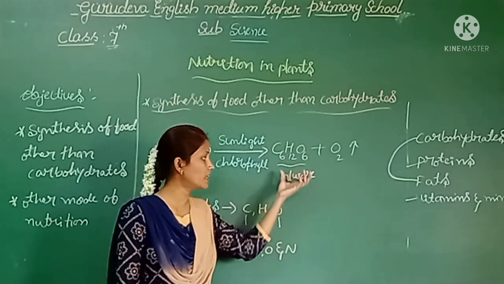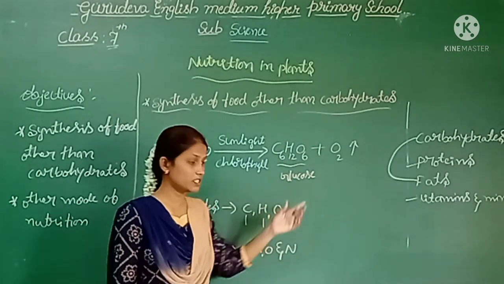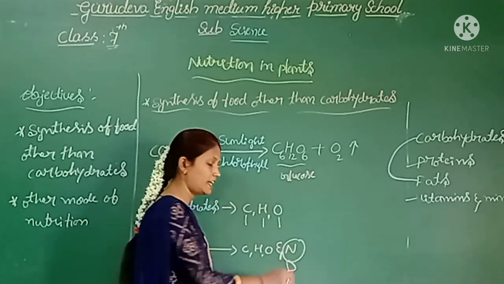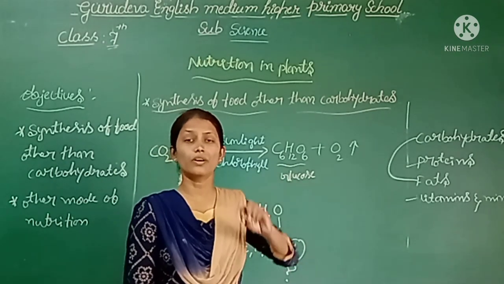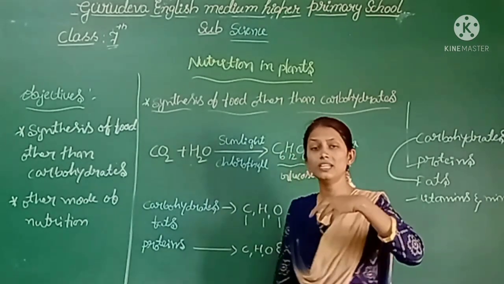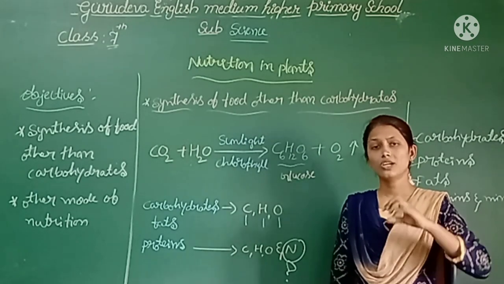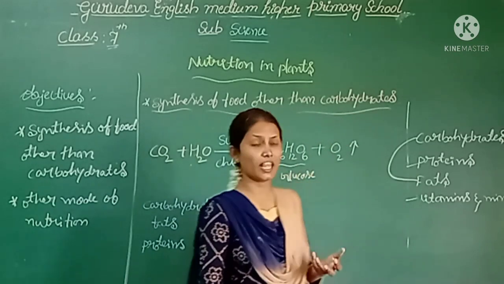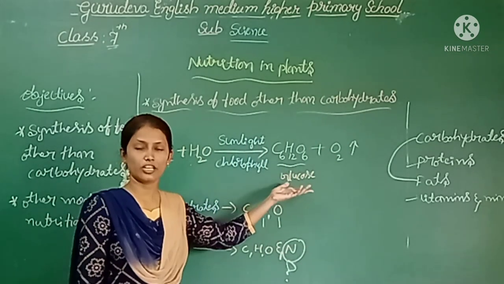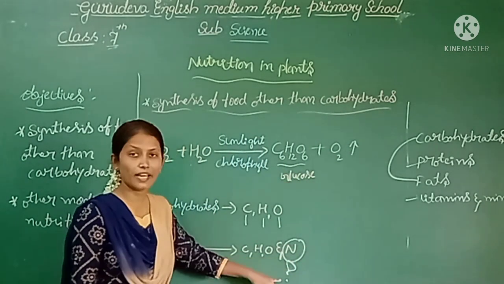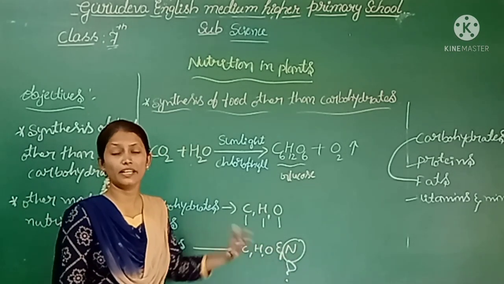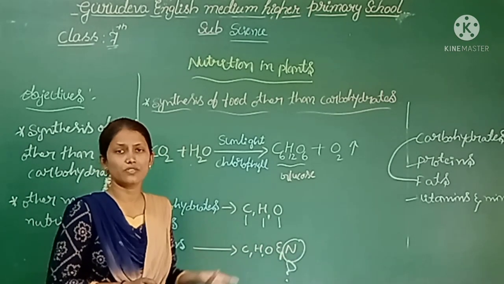Where are we getting the nitrogen? From where is the nitrogen supplied to the plant? Only if nitrogen is supplied to the plant can we obtain food as proteins. So to prepare proteins, from where does nitrogen enter into the plant? How does it enter?